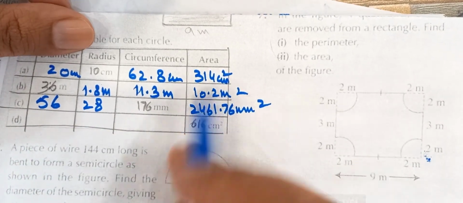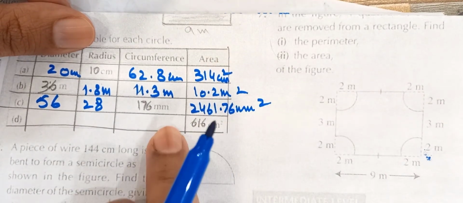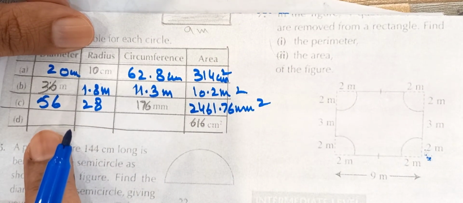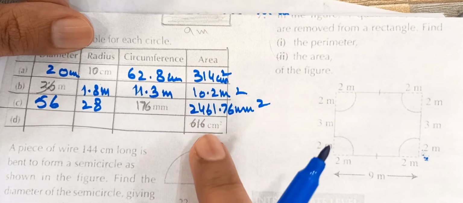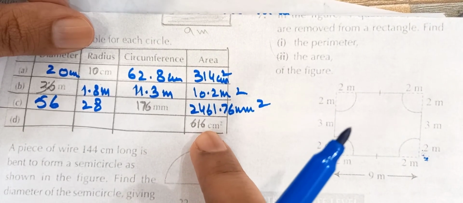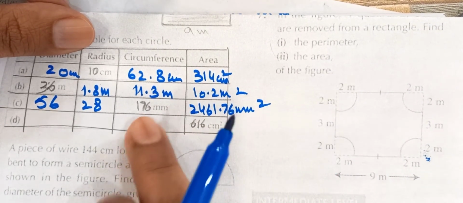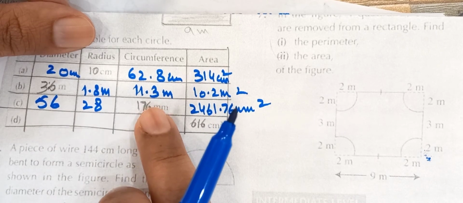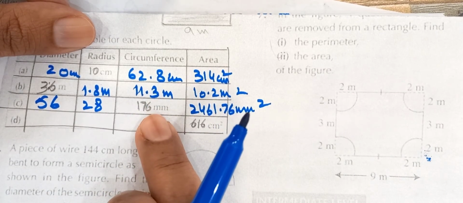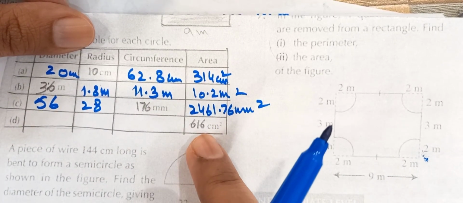Now part D, area is given and the rest of the values we have to find out. Area does have a formula. Whatever is given, we write down its formula, as we did with circumference. Now area is given, so I will write down the area of circle.